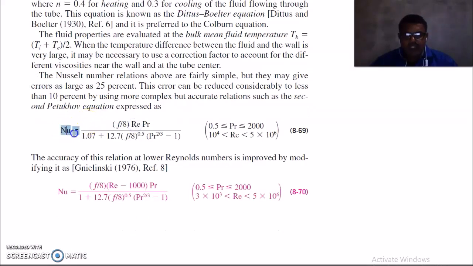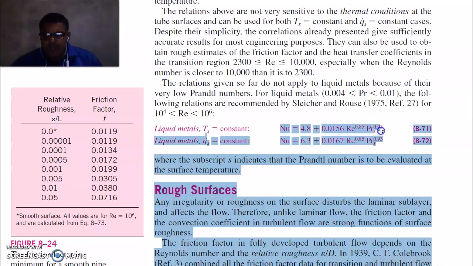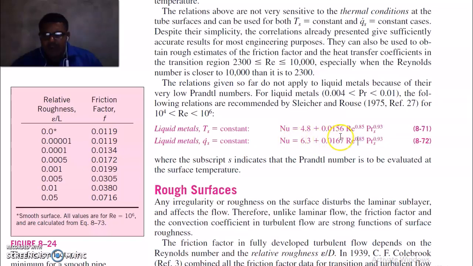So we can use these equations, which are more complex but their error is less than 10% for this range of Prandtl number and Reynolds number. These are more relations which are valid for liquid metals, because liquid metal Prandtl number is low. Between this range, when your surface temperature is constant, this is the Nusselt number. When your heat flux is constant, this is the number.